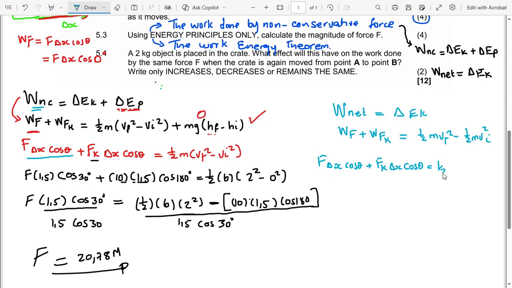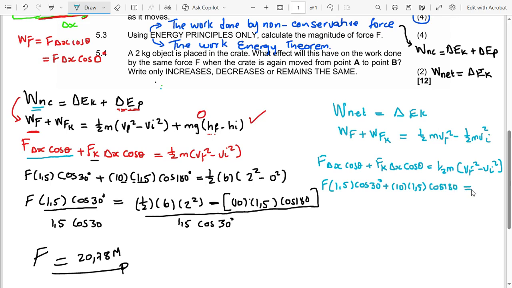It's equals to 1 over 2 m out as a common factor. Then I'll say Vf squared minus V initial squared. Let's do the substitution. We are looking for F, right? Then delta X, it's 1.5. The cos of F we said is 30. If you still remember, then F, this one it was given as 10, and we said the distance is 1.5. And then this will be the cos of what? This will be the cos of 180.